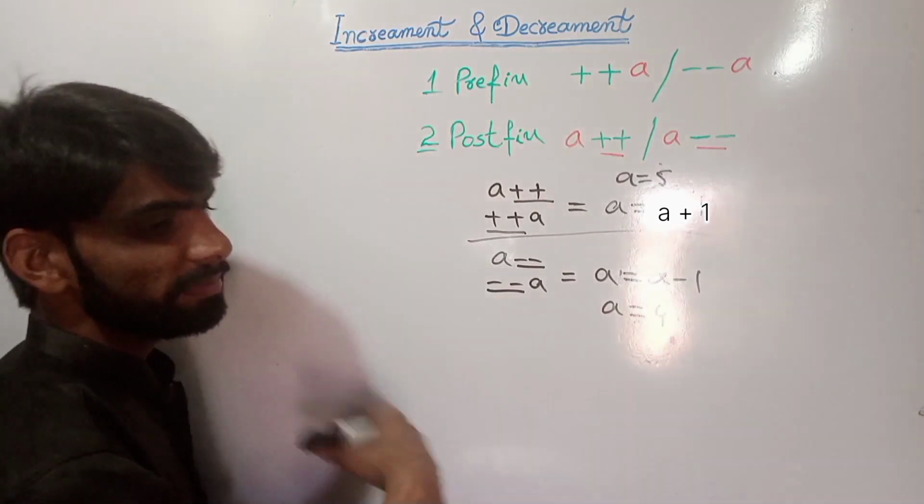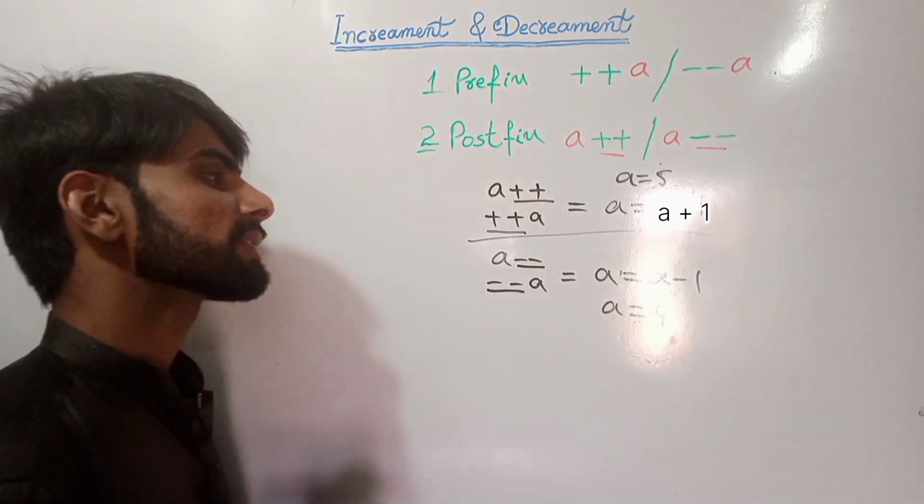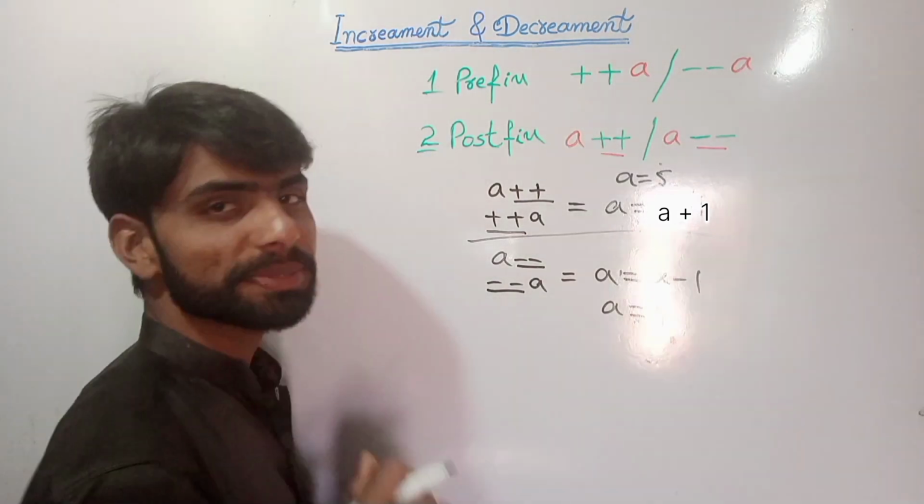So in this case it's always an equal situation. But where does the confusion come from? Confusion always comes in expressions, right?